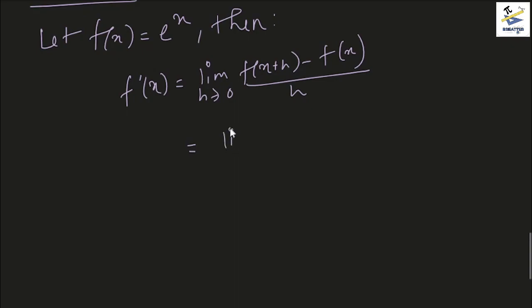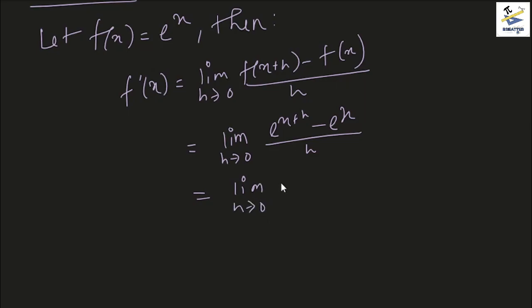So this tells us limit h tends to 0 of e to the power x plus h, because f of x is e to the power x. So f of x plus h would be e to the power x plus h, minus e to the power x, whole divided by h. Using the law of indices, we can write this as e to the power x into e to the power h minus e to the power x, whole divided by h.